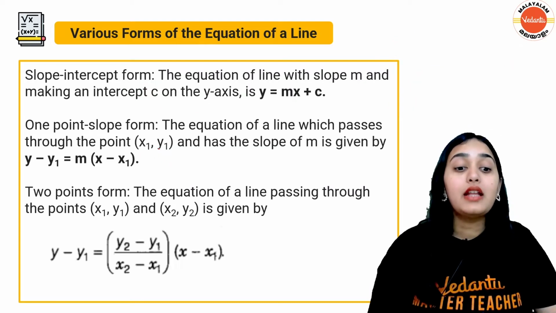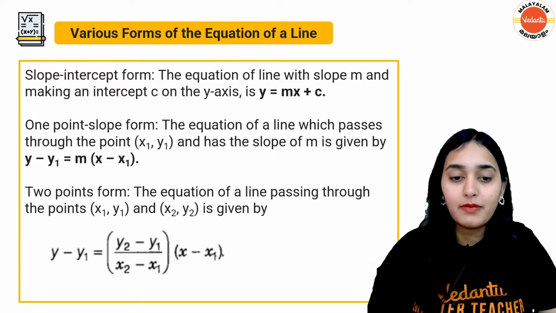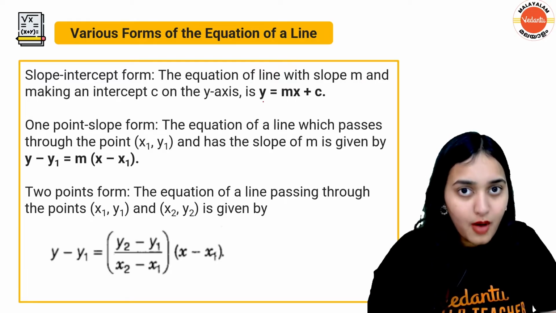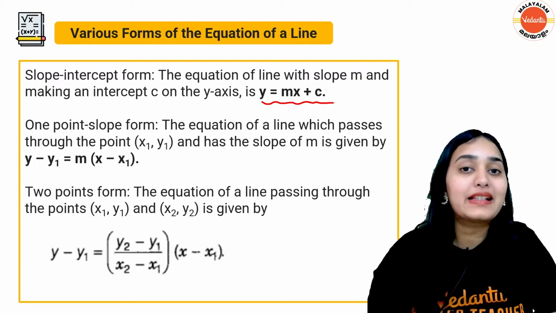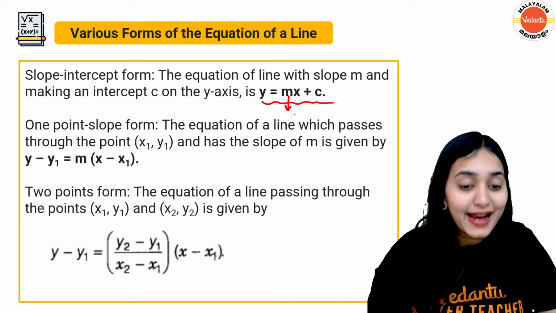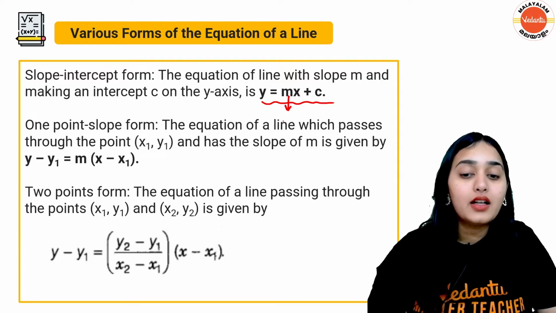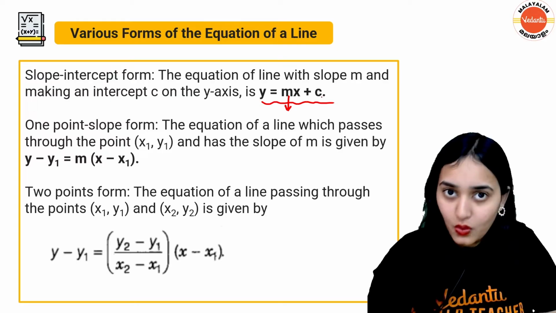Now, an important one is the slope form. In slope form, the equation of the line is y equals mx plus c, where m is the slope of the line. This is when it is passing through the origin.